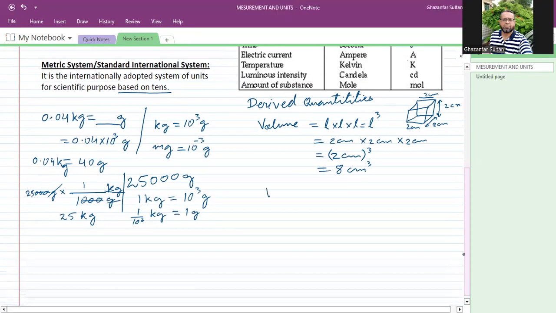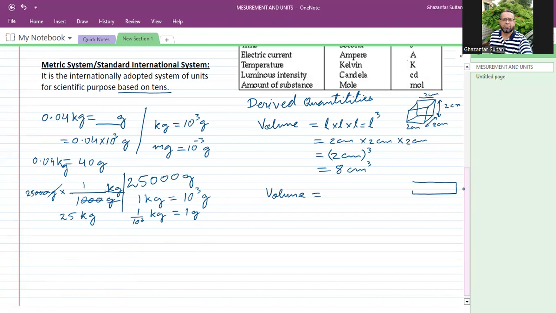Similarly, for the volume of a rectangular block, you have three lengths.